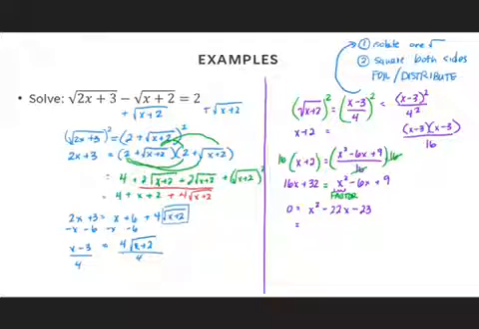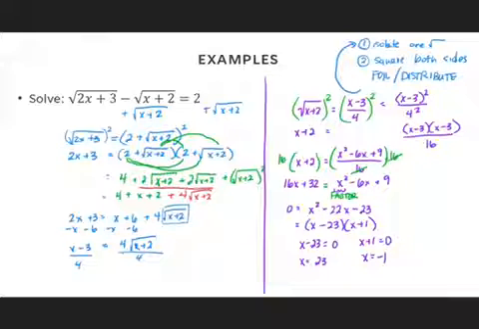And then we factor. So this is x minus 23 times x plus 1. So x minus 23 is equal to 0, or x plus 1 is equal to 0, which means either x is 23 or x is negative 1.